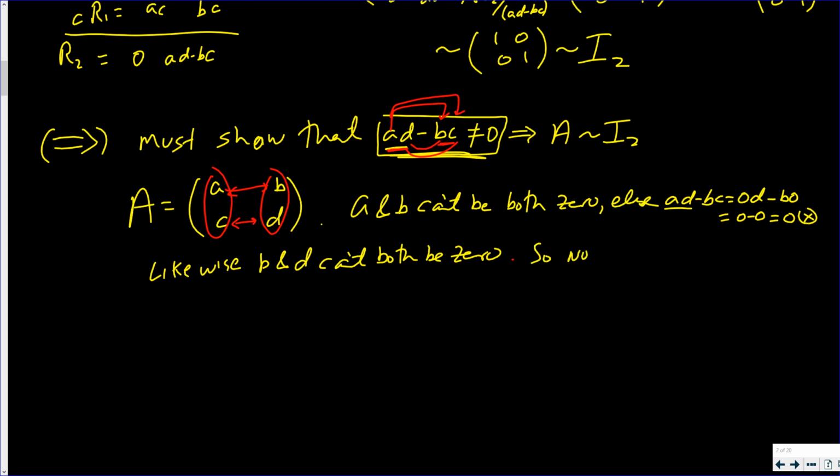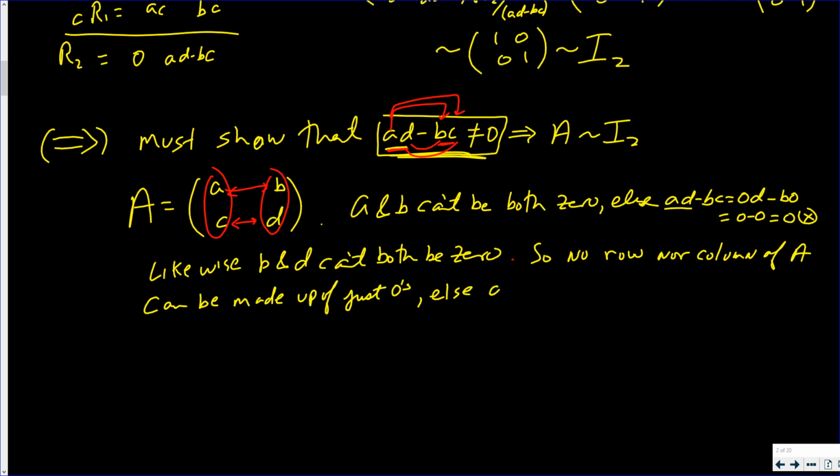No row nor column of A can be made up of just zeros, else AD minus BC will equal 0.